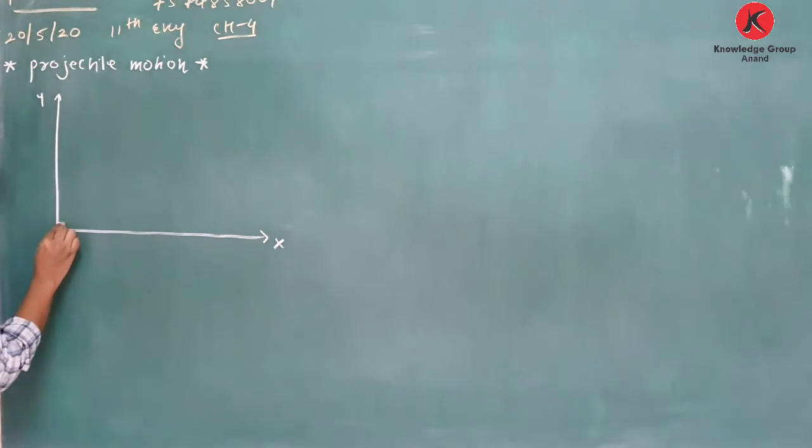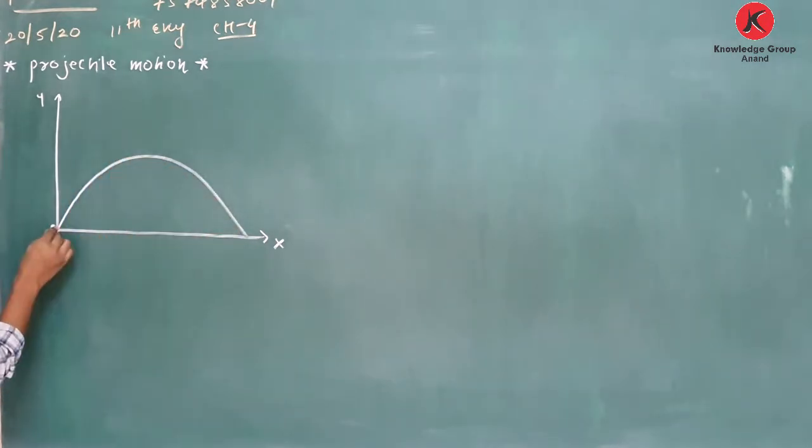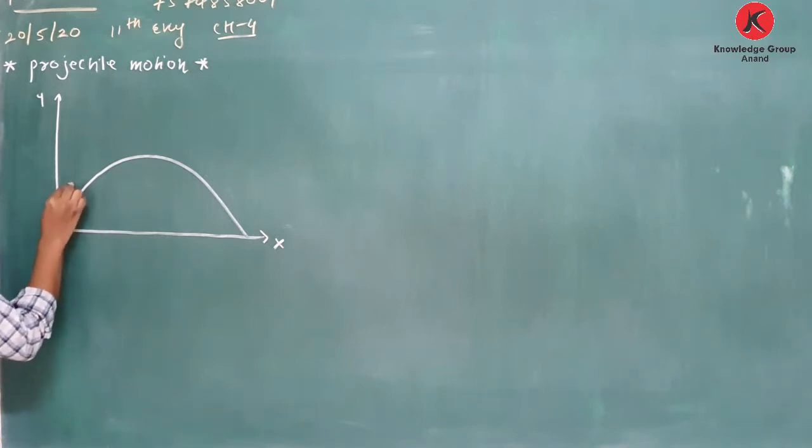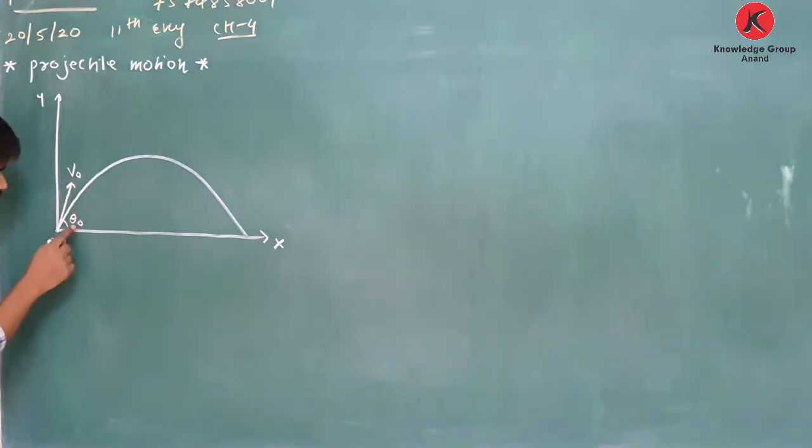A particle is thrown from this point and is performing projectile motion. Its initial velocity v0 makes angle theta 0 with the x axis. Clear about this? Yes, it is our initial condition. Initial velocity is v0 and angle of projection is theta 0 from the origin.